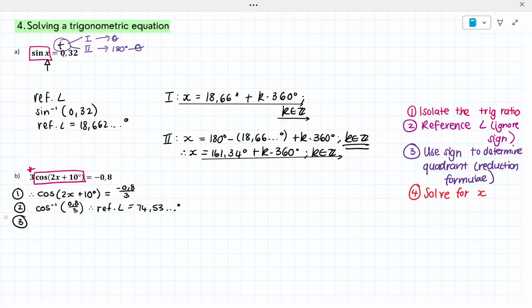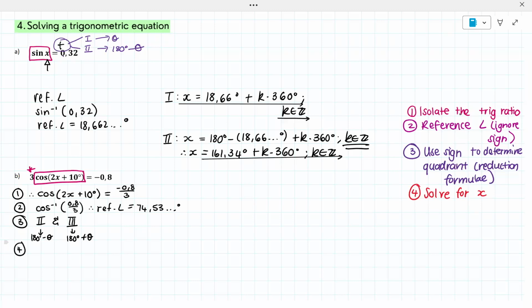Now I use my sign to determine the quadrants. Cos is a negative ratio here. So cos is negative in quadrant 2 and quadrant 3, which means I'm using the reduction 180 minus theta and 180 plus theta. That's where my sign becomes important.